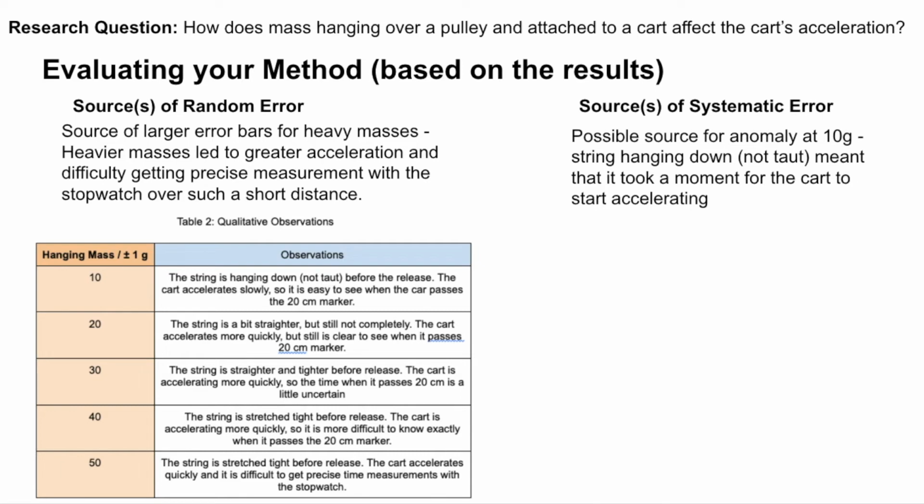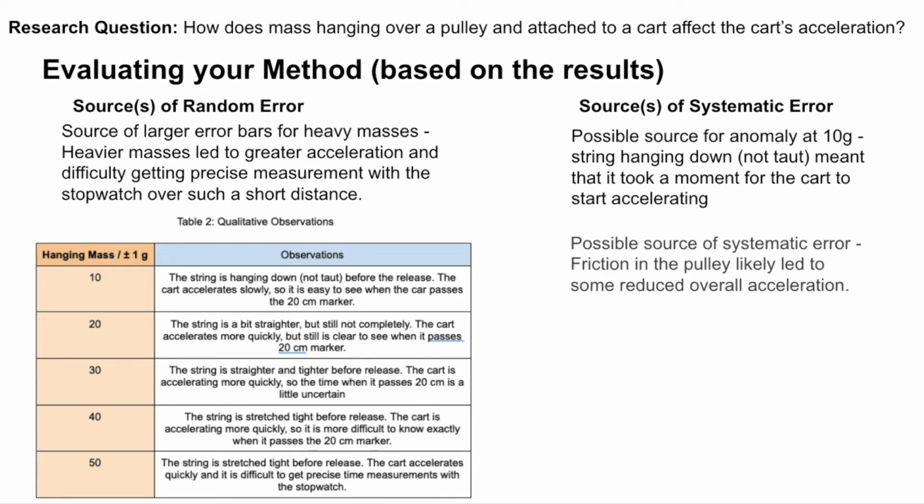It is not taut before the release. So in other words, there was some slack in the string. That's good evidence for systematic error with that data point, because before the cart can start accelerating, the string has to be straight and tight. So that is a possible source of error in our method, because 10 grams hanging from the pulley was probably not a good choice if it doesn't make the string taut.